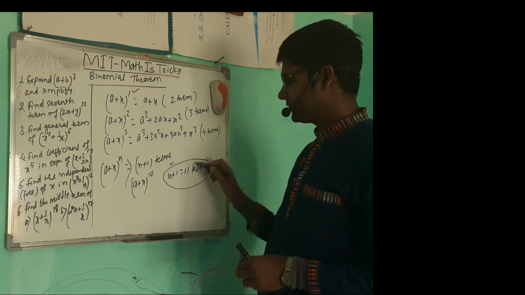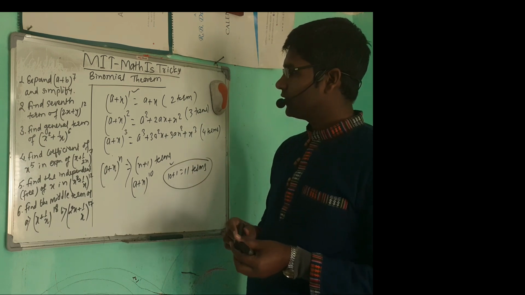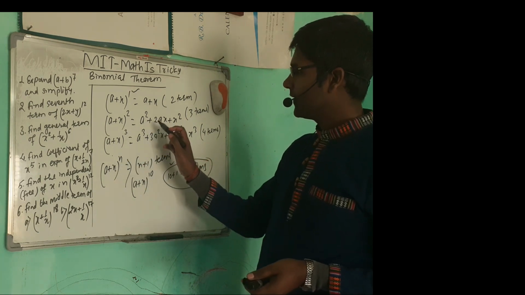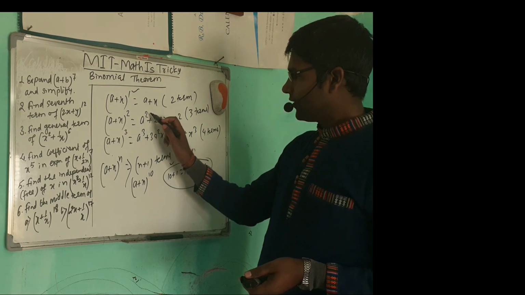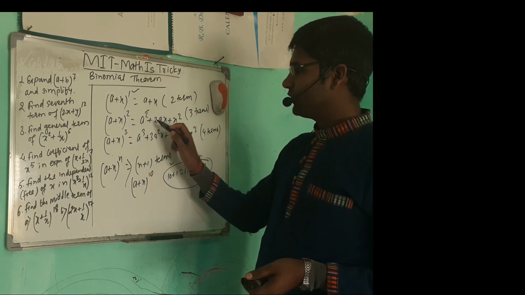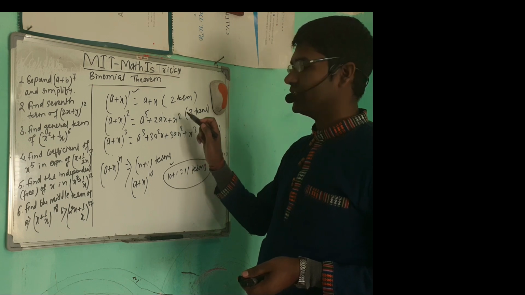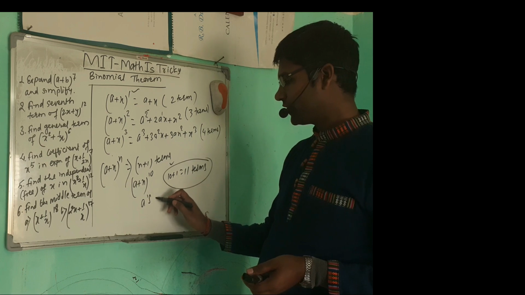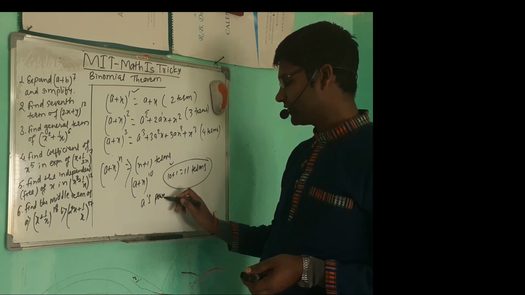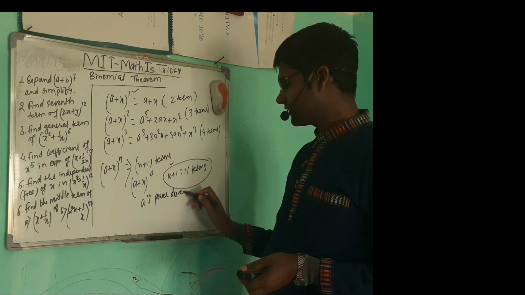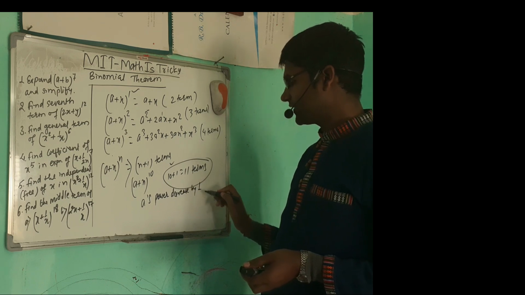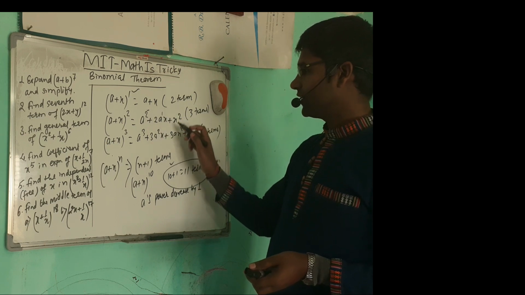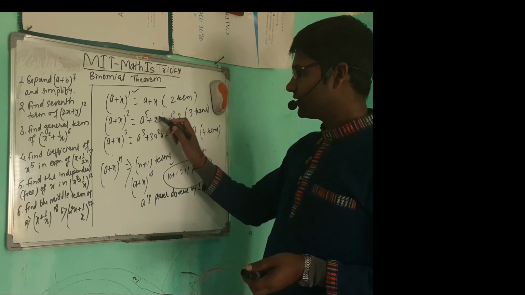Now the second point. You can see here the power of a is 2, then 1, then 0. That means the power of a will decrease by 1. Now what about x?